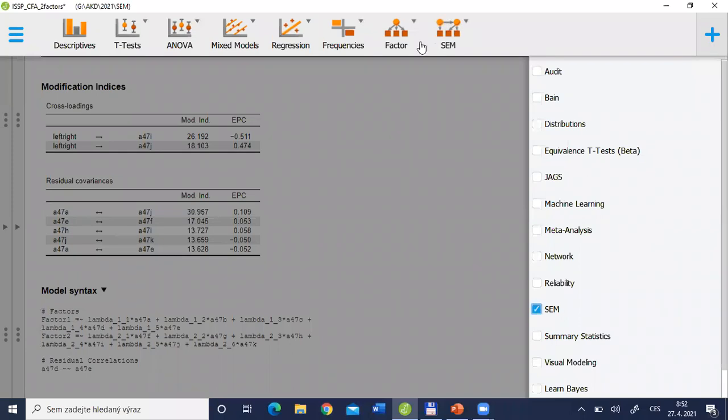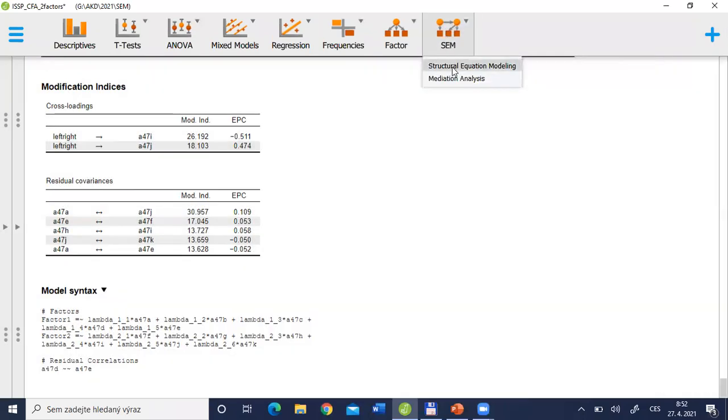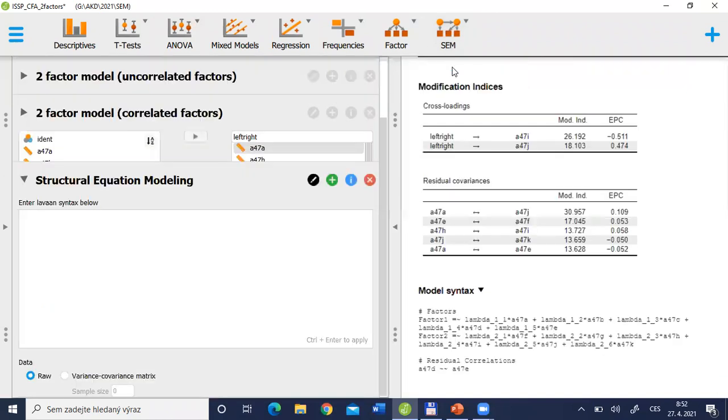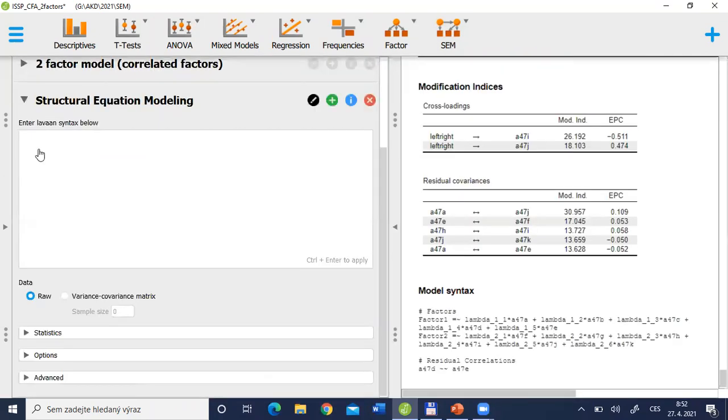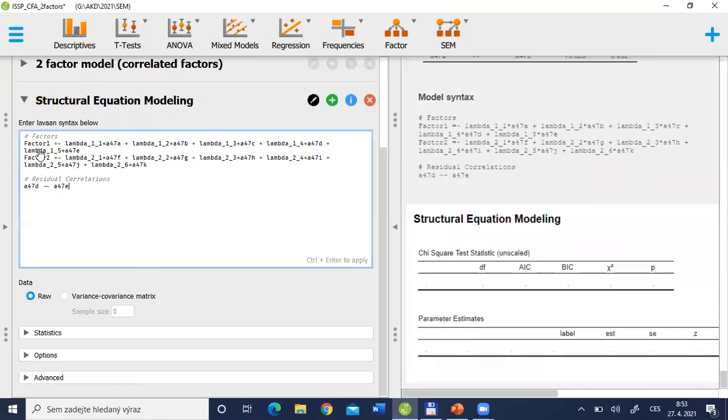So I would ask for SEM, general SEM. And I would show you also another output for residuals in this general SEM procedure. So I can copy here the Lavaan syntax we have just prepared by CFA.